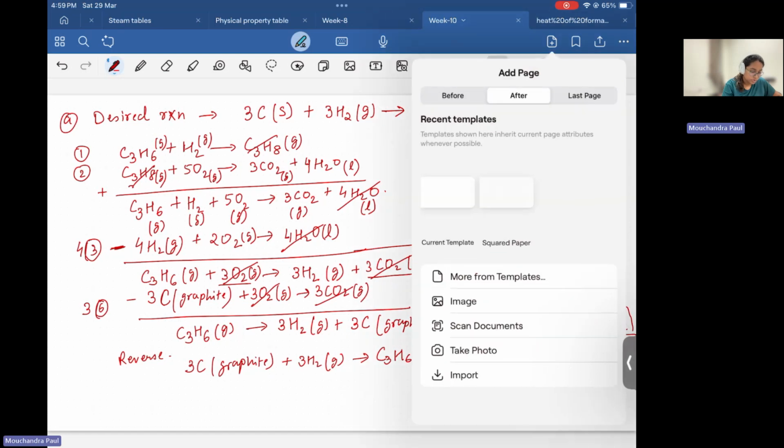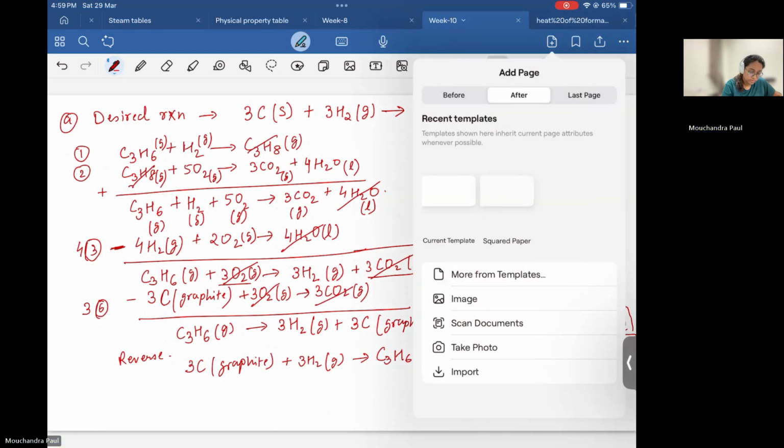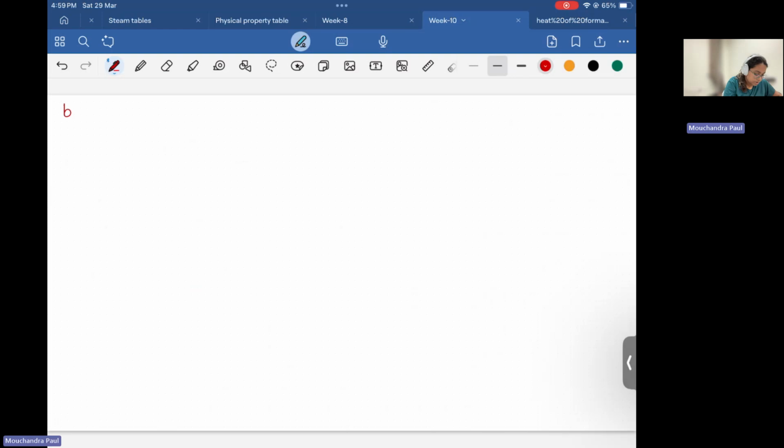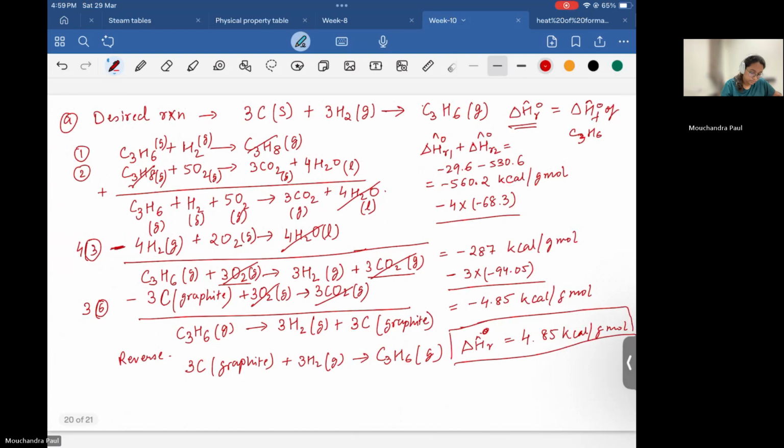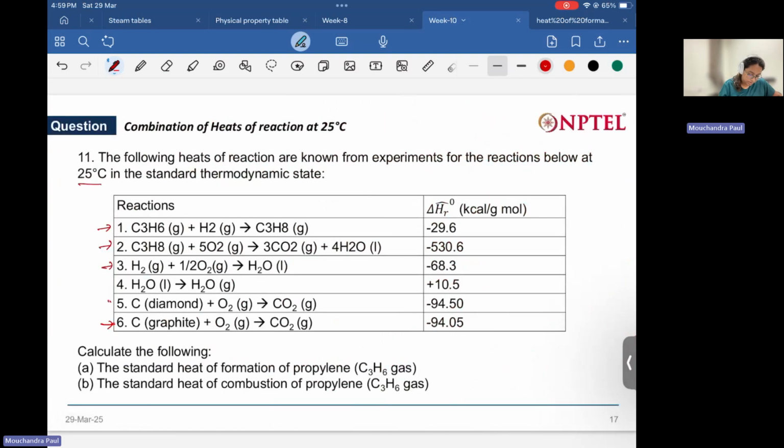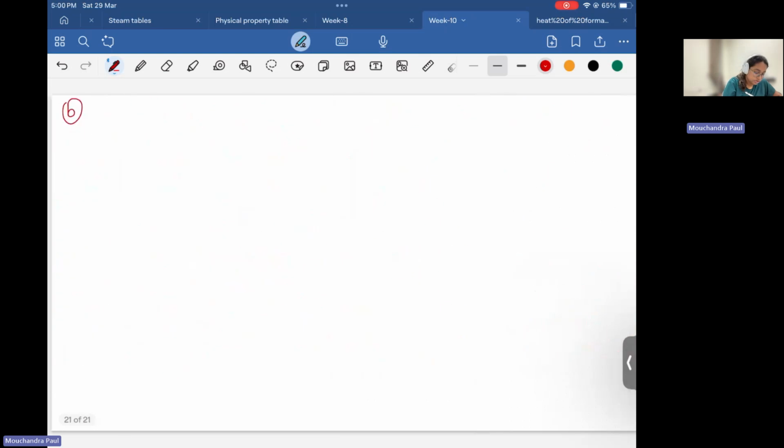Similarly, we have to do it for part B as well. Now in part B, it is asking the heat of combustion of polypropylene, means it is going to react with oxygen. So how would the final reaction look?